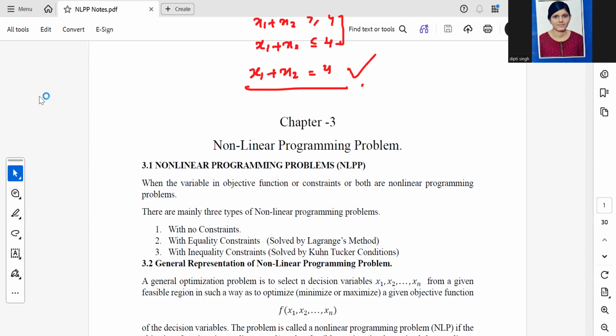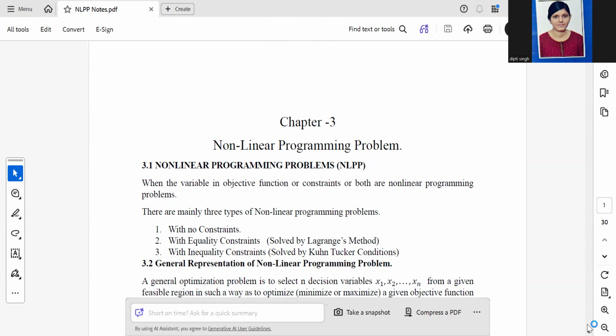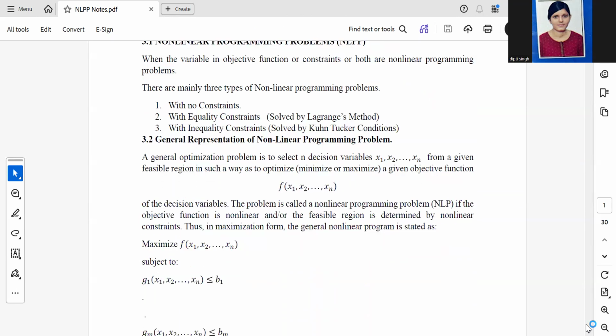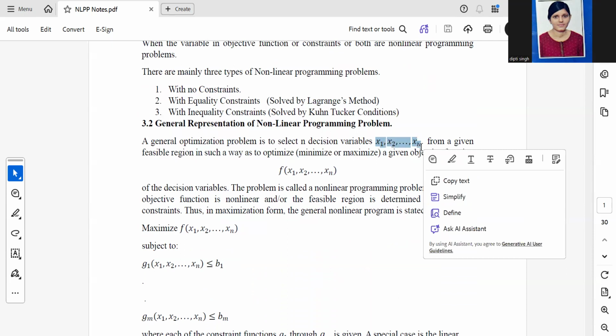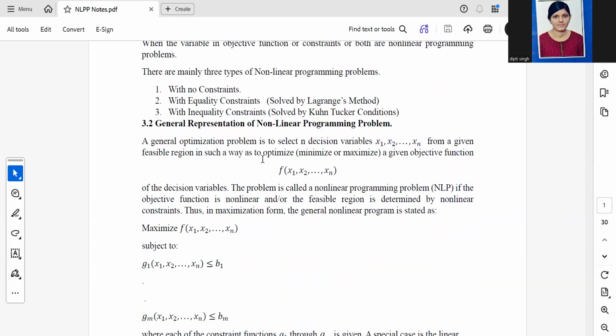Now we move to the general representation of the nonlinear programming problem. Suppose we have n decision variables x1, x2, up to xn, and we have to optimize the function.